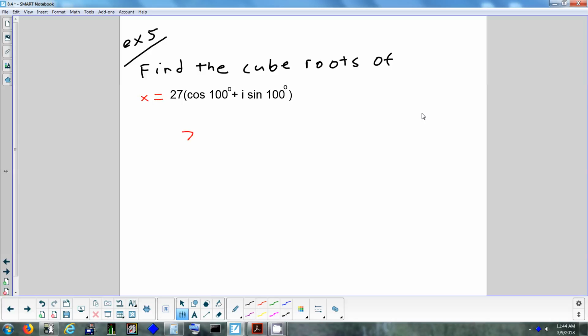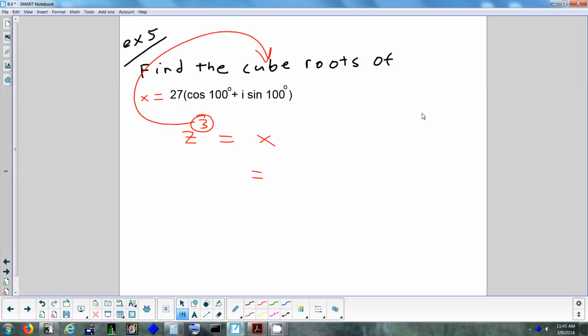What I'm going to do is write this. So you start by writing z to whatever power you're going to find. If they told me to find the 4th roots, I would put a z to the 4th there. If they told me to find the 5th roots, I would put a z to the 5th. They asked me to find the cube roots, so I'm going to put z cubed.